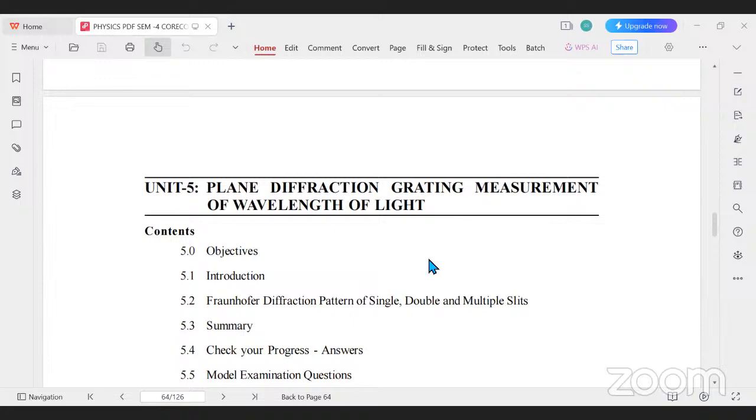Okay, so we now know what diffraction is. Diffraction is nothing but light being diffracted and coming out. A grating is an optical element. We call a grating an optical element that disperses light composed of lots of different wavelengths.